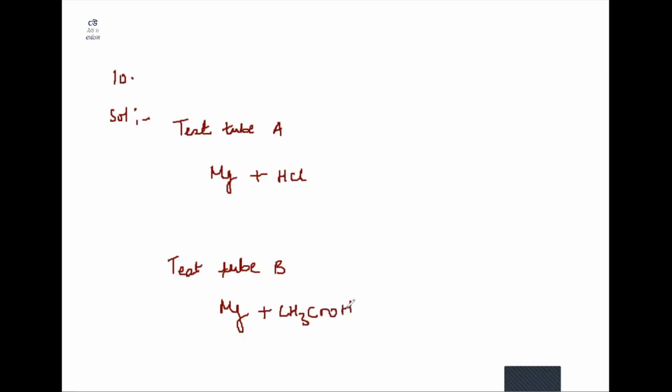On the basis of this, the question says in which test tube will fizzing occur more vigorously and why? So we'll answer this question by saying that HCl, as we all know, is a strong acid. Actually, it's a very strong acid.